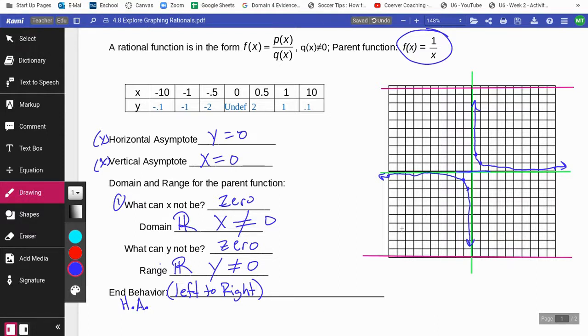Okay, and so what I do is I just ask myself, what number does this graph approach as I go to the left? Okay, and you can see it gets closer and closer to my horizontal asymptote. So it gets closer and closer to this value, which is 0. Okay, and then if I go right, this part of the graph gets closer and closer to that same number. So it should end up being the exact same number, which is just the HA.